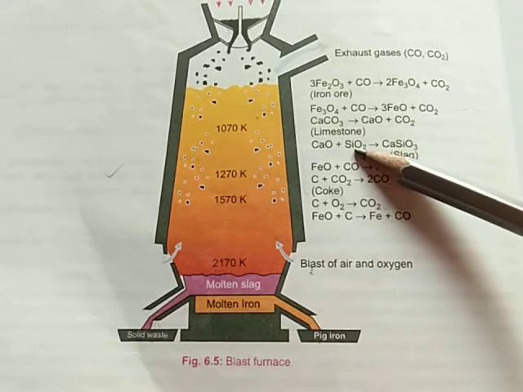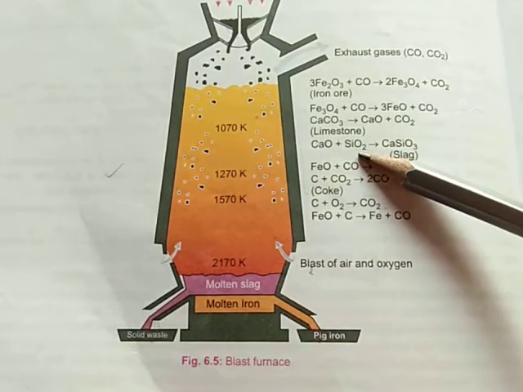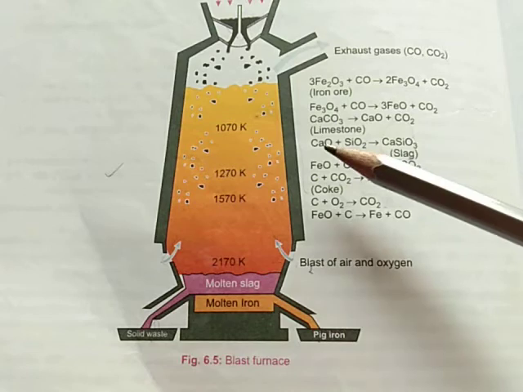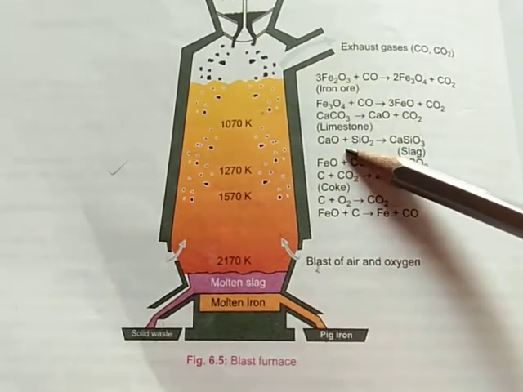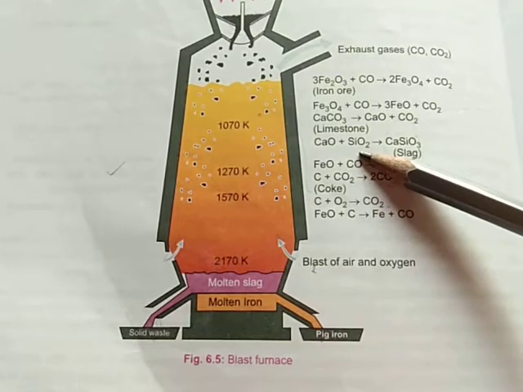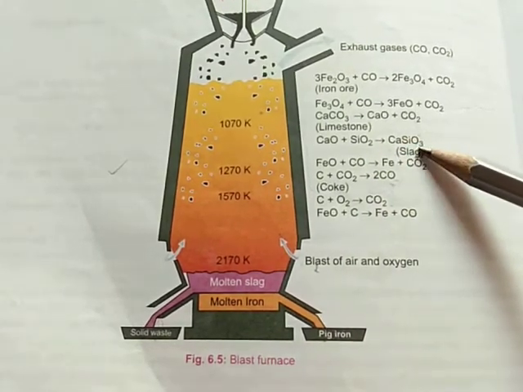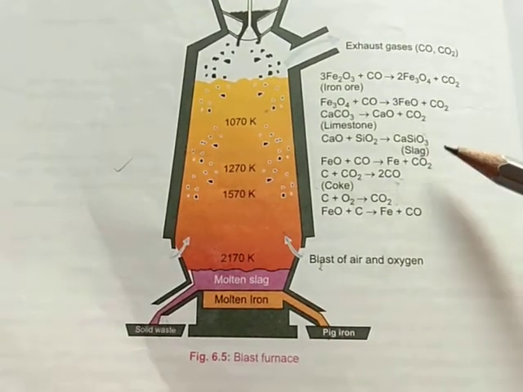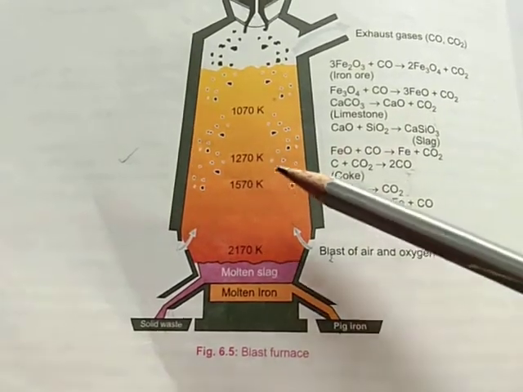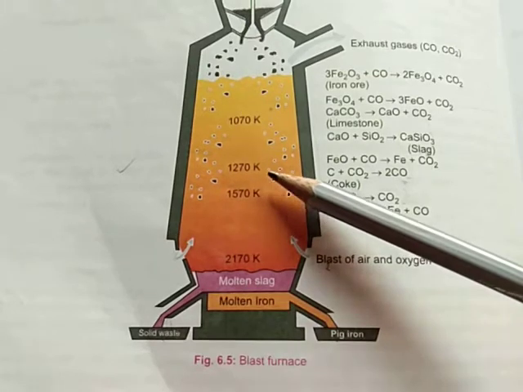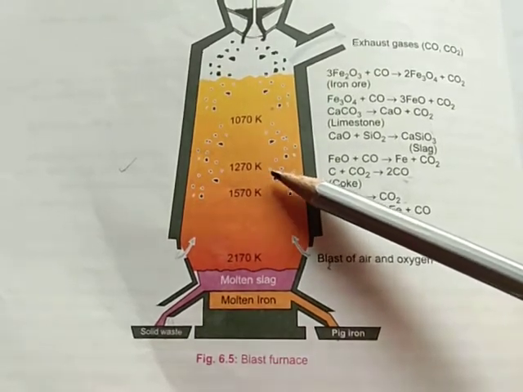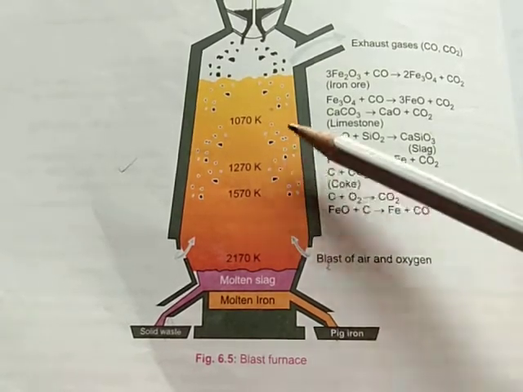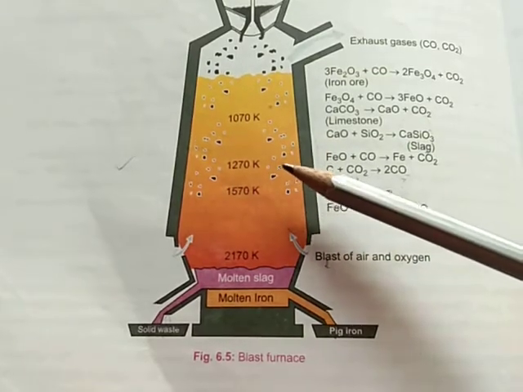This silica is the impurity, and flux plus impurities, gangue, form a slag, CaSiO3. The temperature range in this zone is 1270 Kelvin, and in this zone the molten slag is lighter than molten iron and forms the upper layer. This region is called the slag formation zone.